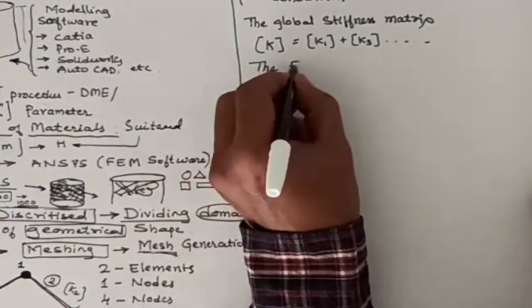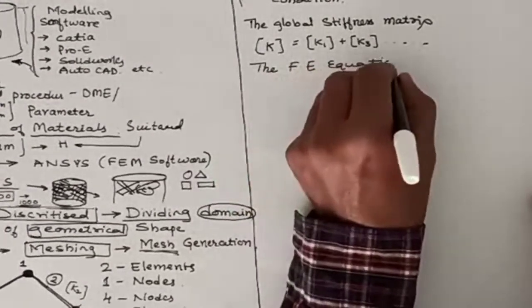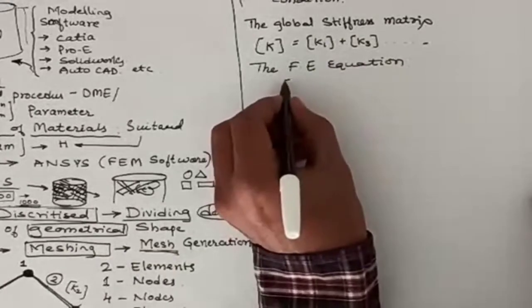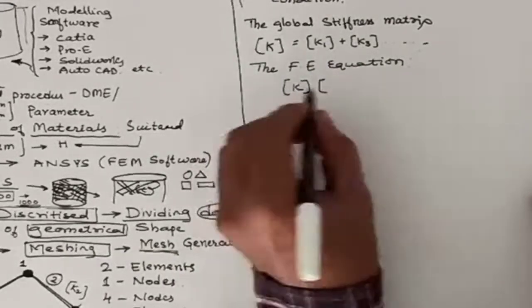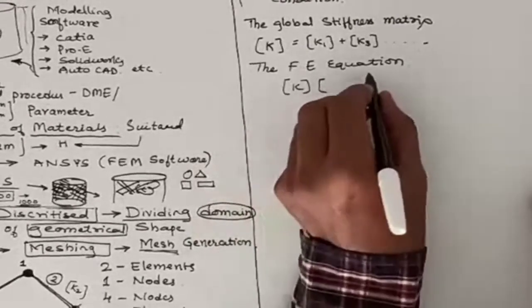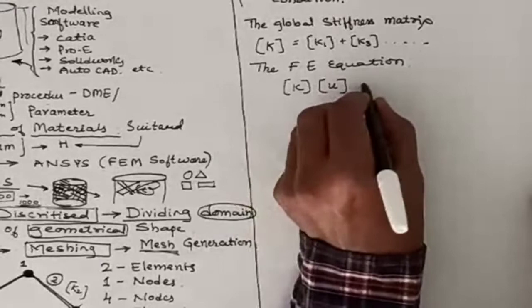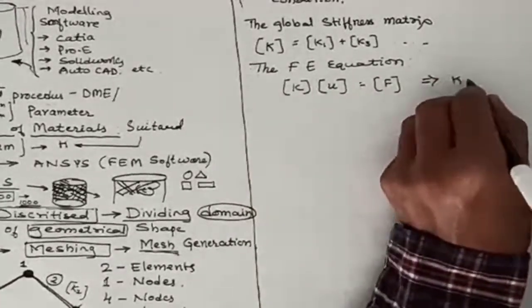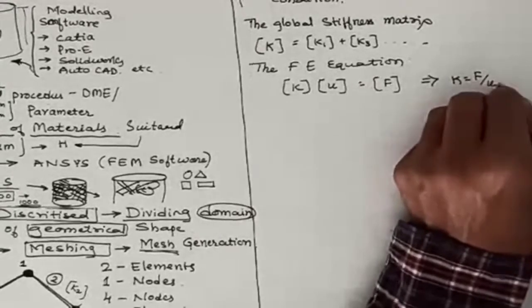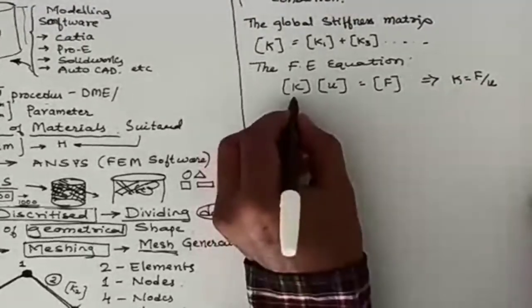What is this finite element equation? As I told you, K is equal to F by U, force per unit deformation. So now I can write Ku is equal to F. Same formation, where stiffness is equal to force per unit deformation, where U is the deformation. I will tell all the terms.